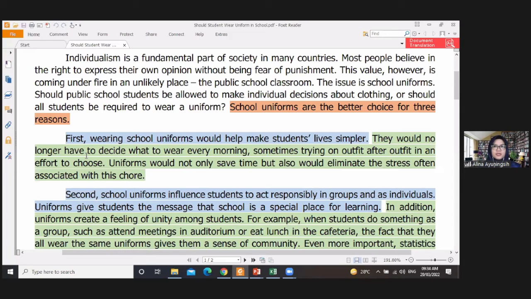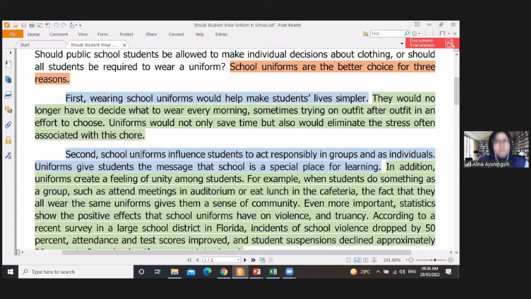Second, school uniforms influence students to act responsibly in groups and as individuals. Uniforms give students the message that school is a special place for learning. So this student explains more by using the backing argument.